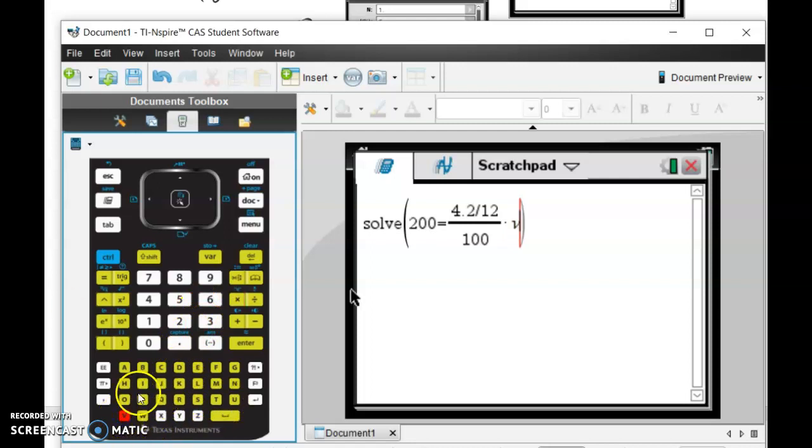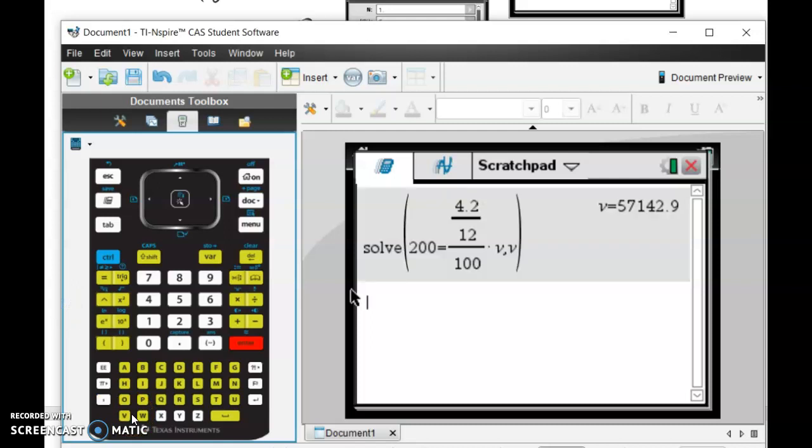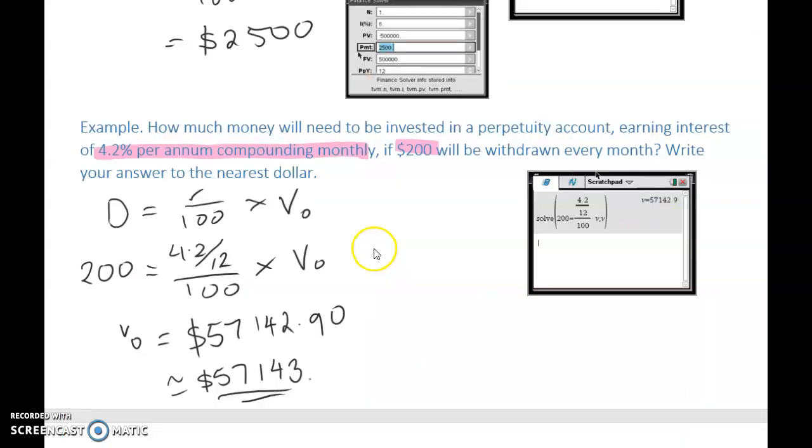We're going to solve for V. That's what you type in, you hit enter, and it gives you the answer of $57,142.90. When you write your answer down, make sure you do it to the nearest dollar as asked by the question. So I had to round that to $57,143 invested into that perpetuity.